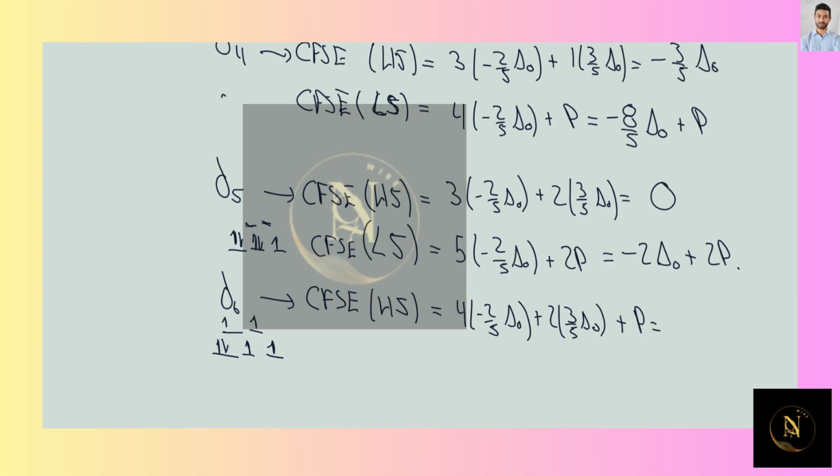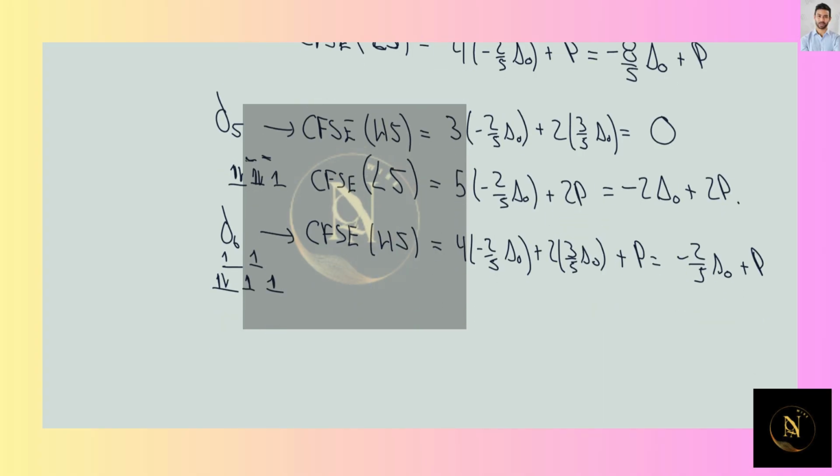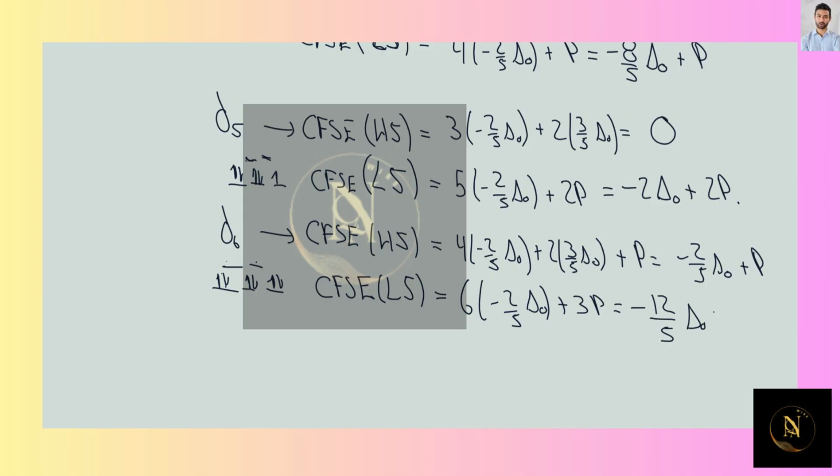So on the high spin configuration, we get minus 8 plus 6, which is going to give us minus 2/5 of delta naught plus P. And for the low spin case, now the configuration would correspond to 1, 2, 3, 4, 5, and 6. So we're going to get 6 times minus 2 over 5 delta naught plus 3 times the pairing energy. So this is going to be equal to minus 12 over 5 delta naught plus 3 times P.